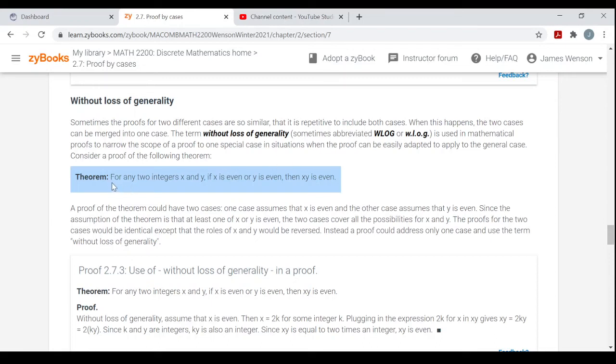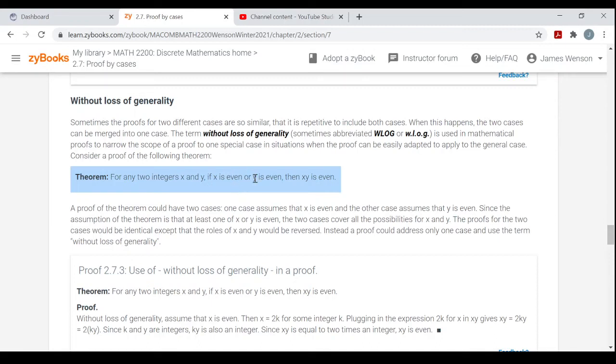For example, for any two integers x and y, if x is even or y is even, then x times y is even. You see the if x is even or if y is even. Well, if you let x be even, case 1, because you got the or here, usually if your hypothesis contains the word or, you're going to have cases.